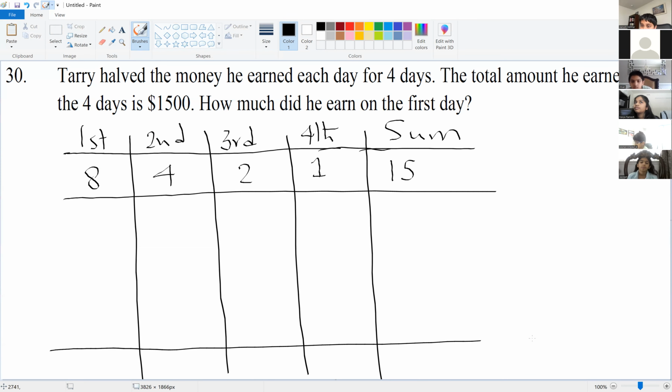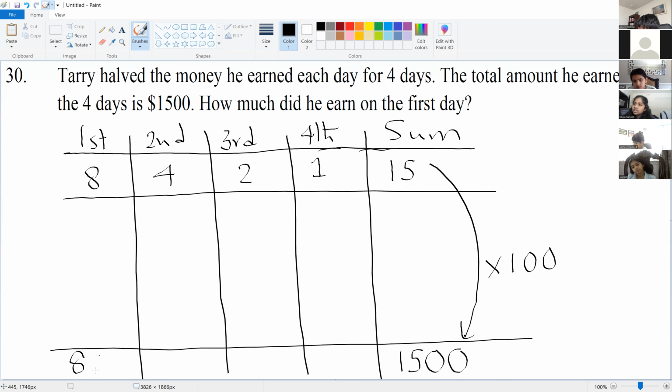And what is our goal? 1,500. How many times is it? 100. So if I multiply each number by 100, will that work? Yes. That's your answer. Do you get it? Yeah.